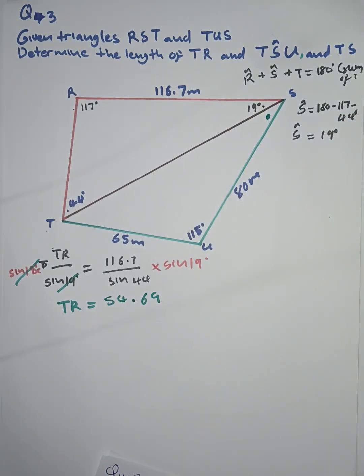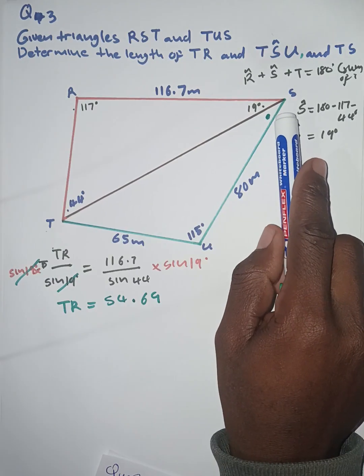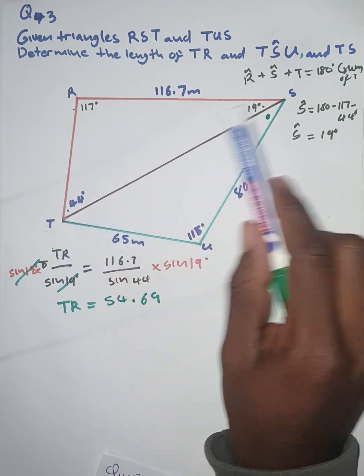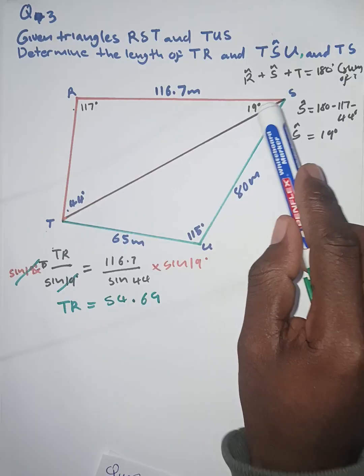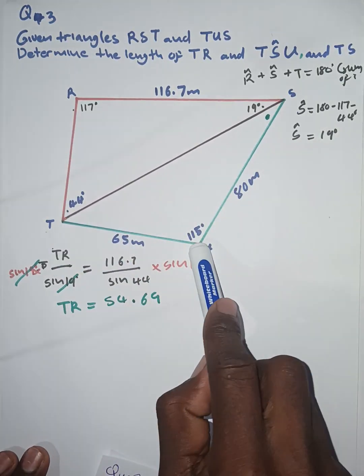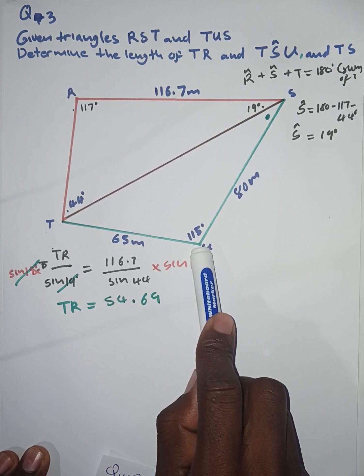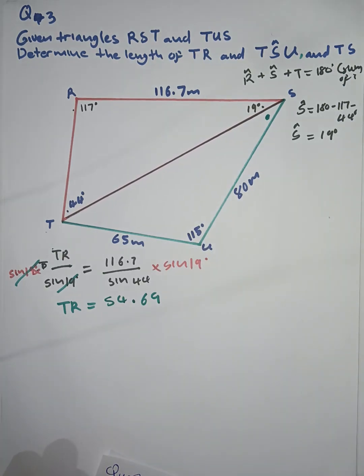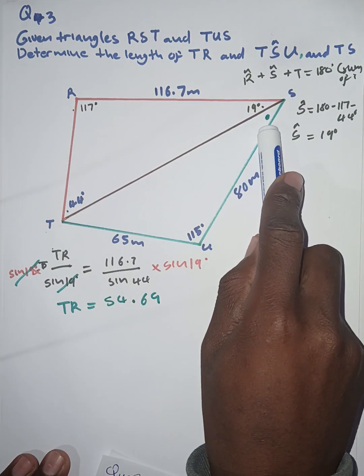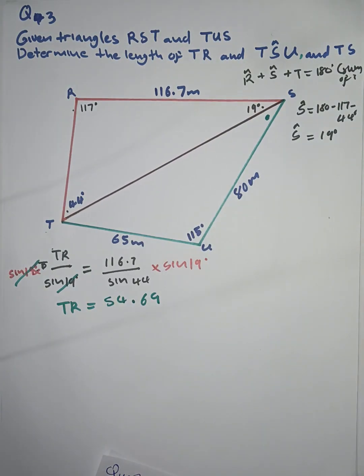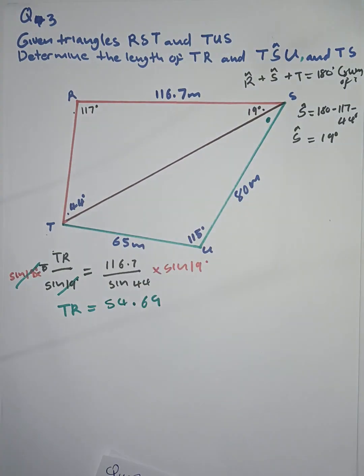To find that angle is a little bit tricky, because in this triangle that we have here, we can't use the cosine rule. Remember, for the cosine rule we need to have all three sides, and in this case we only have one.